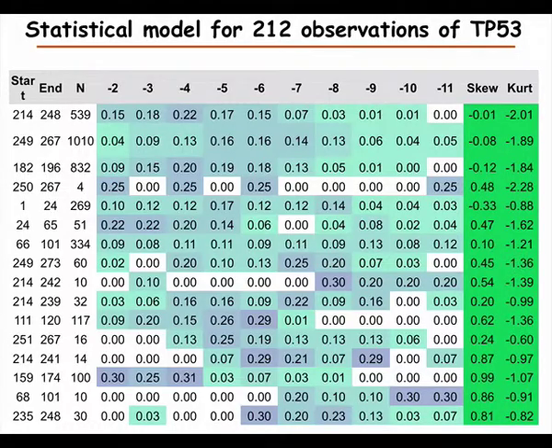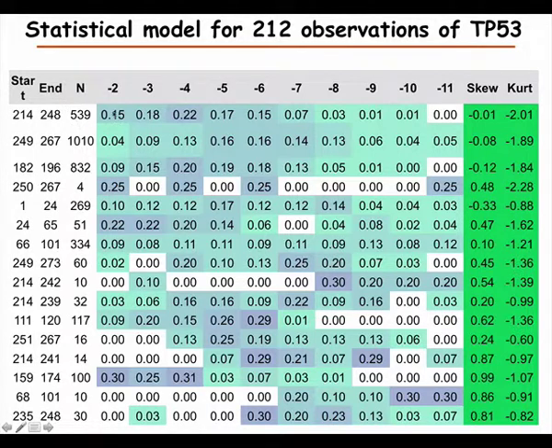One way to do this is to look at the observations. Here is an example. For P53 we have 212 peptides, and each row here is a peptide.